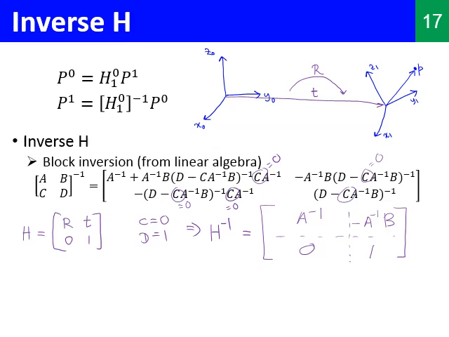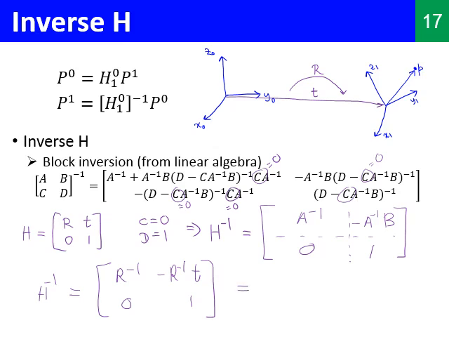We have H inverse equals, so A equals R, so we get R inverse, and this is 0 and 1, of course. Then the remaining term would be minus R inverse times the translation term.